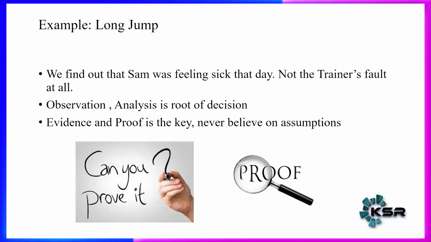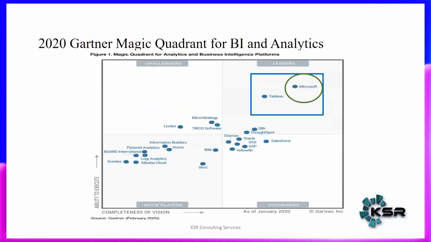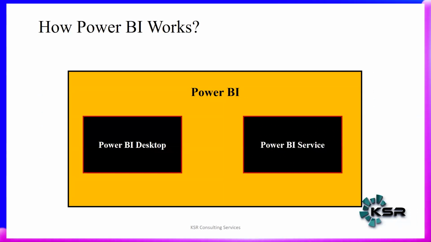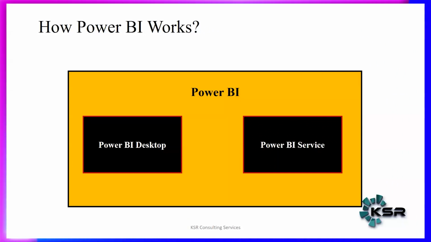This looks like a very simple architecture, and you can talk about this as a block diagram, or you can also think of this as an architecture. This is how it works. This is your Power BI. In Power BI, we have two things. One is called Power BI Desktop, and the other is called Power BI Service.